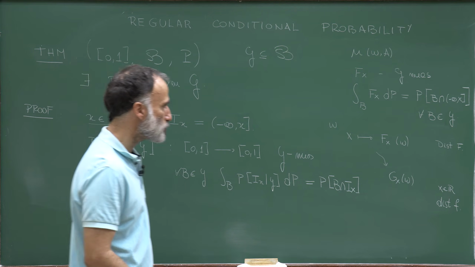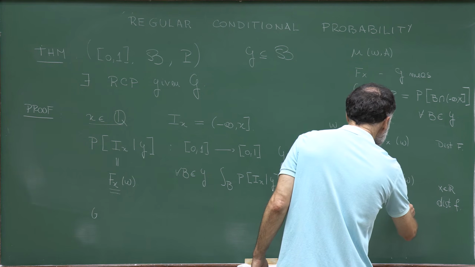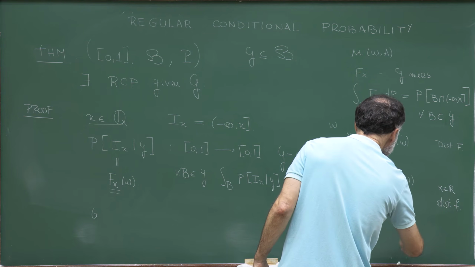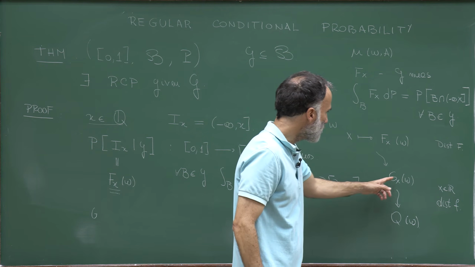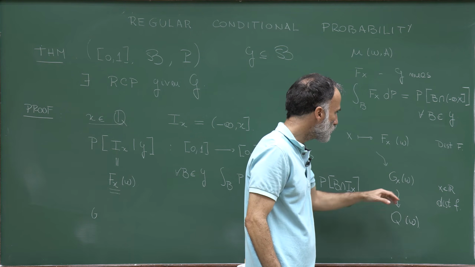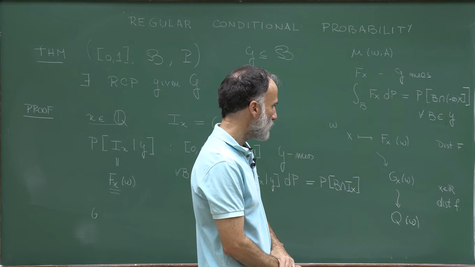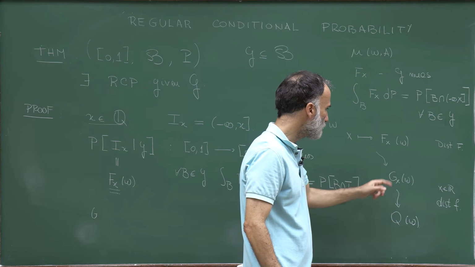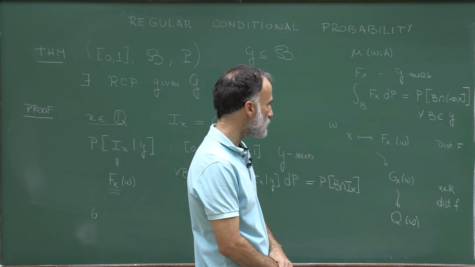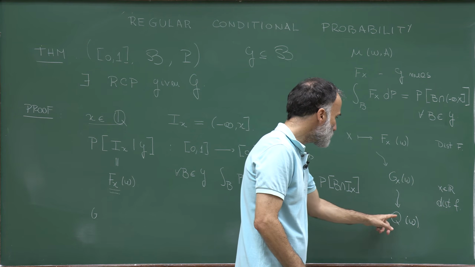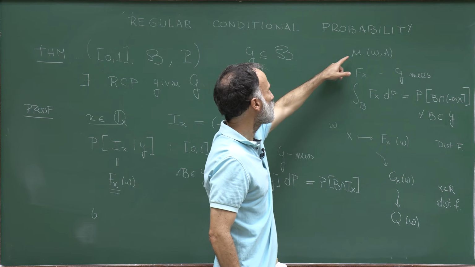Once I have a distribution function, I can construct a measure Q omega, the measure associated to this distribution function. We have seen that there exists a one-to-one correspondence between distribution functions and measures on R. And this will be our candidate for mu omega.